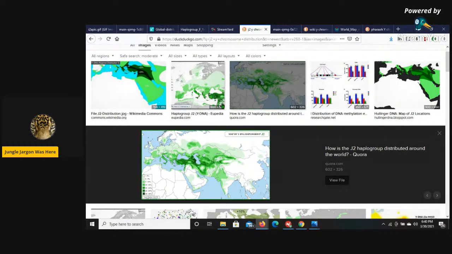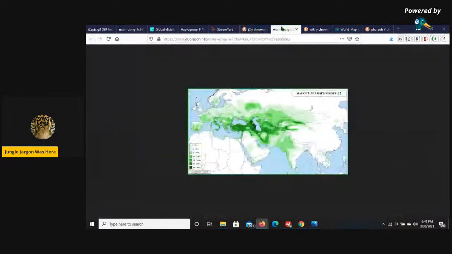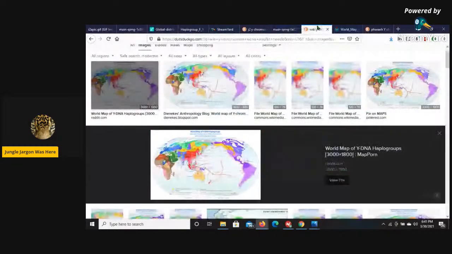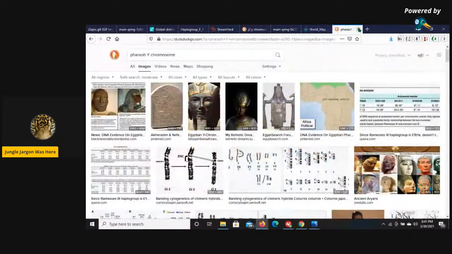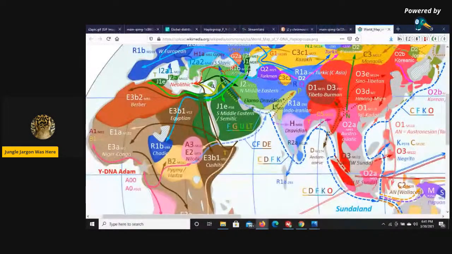Again, the same map here. This is just a world map here. Okay, so that's about it. As much as I have right now.